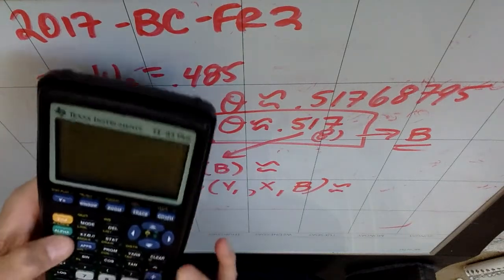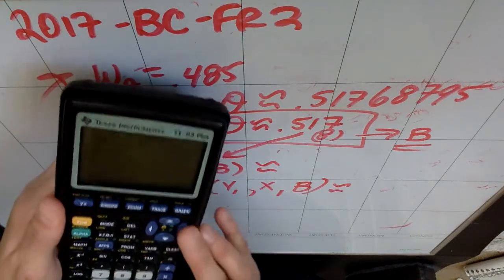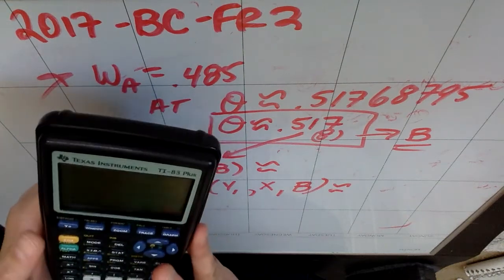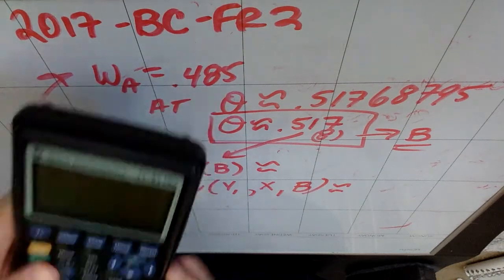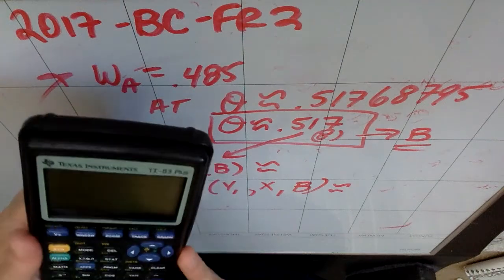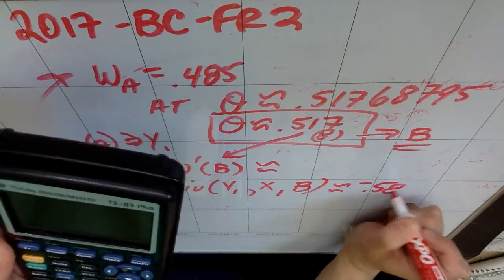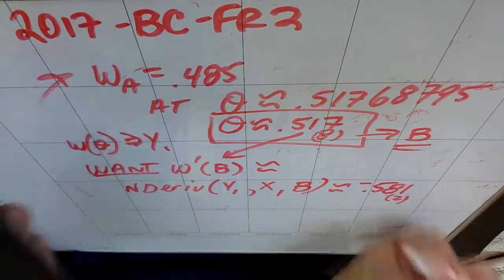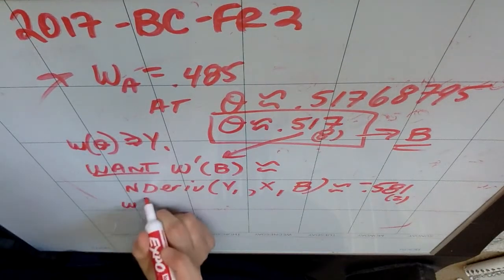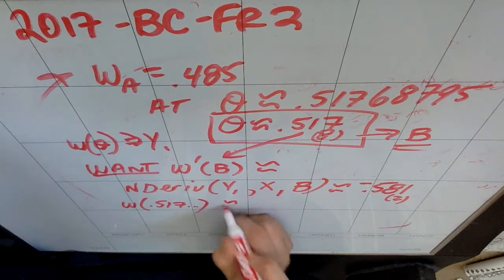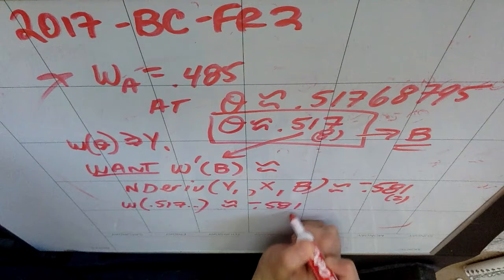So if I do math 8, right, I go to vars, I go over to y-vars function and y-vars, and I pick Y1 with respect to X at the thing that I totally just stored as B. And I'm going to get negative 0.581 or 82, right? So since W prime at that 0.517 is negative, right?